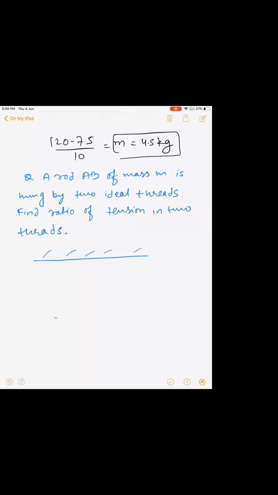This is rod AB of mass m. This is T1. This is T2. Don't say it is 1.